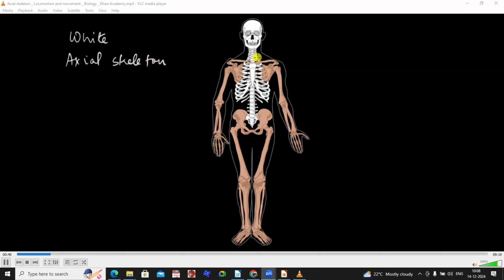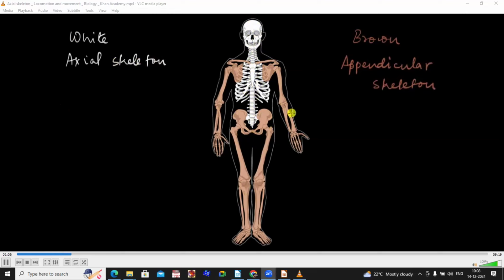Axial stands for axis. So this is the central axis of the body, and the axial skeleton is present very close to the axis, hence the name. Now the brown part, the rest of the skeleton, is called the appendicular skeleton.